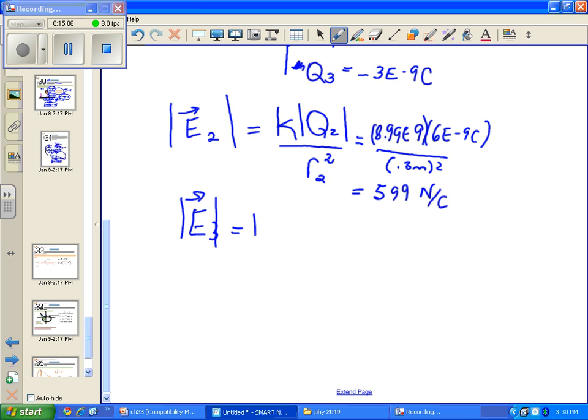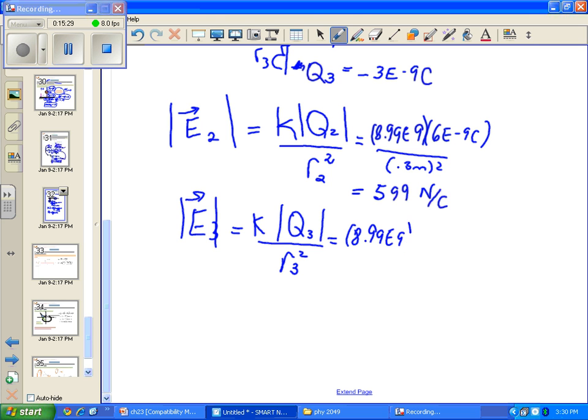The magnitude of E3 is K times the magnitude of Q3, divided by R3 squared, where R3 is the distance between the origin and Q3. Substituting our numbers, 8.99 e to the 9. What do I put for Q3? 3e to the minus 9 coulomb.